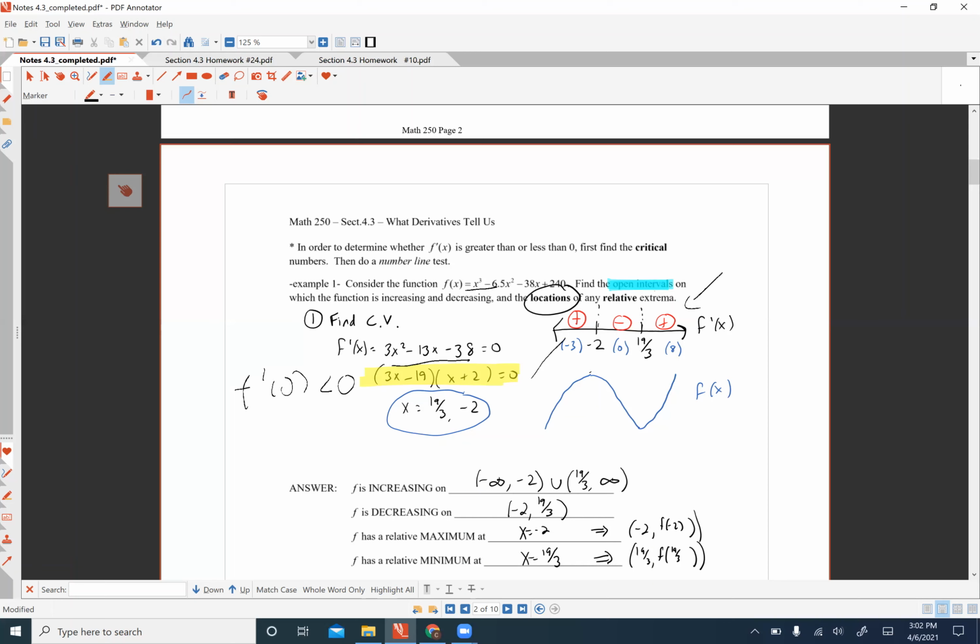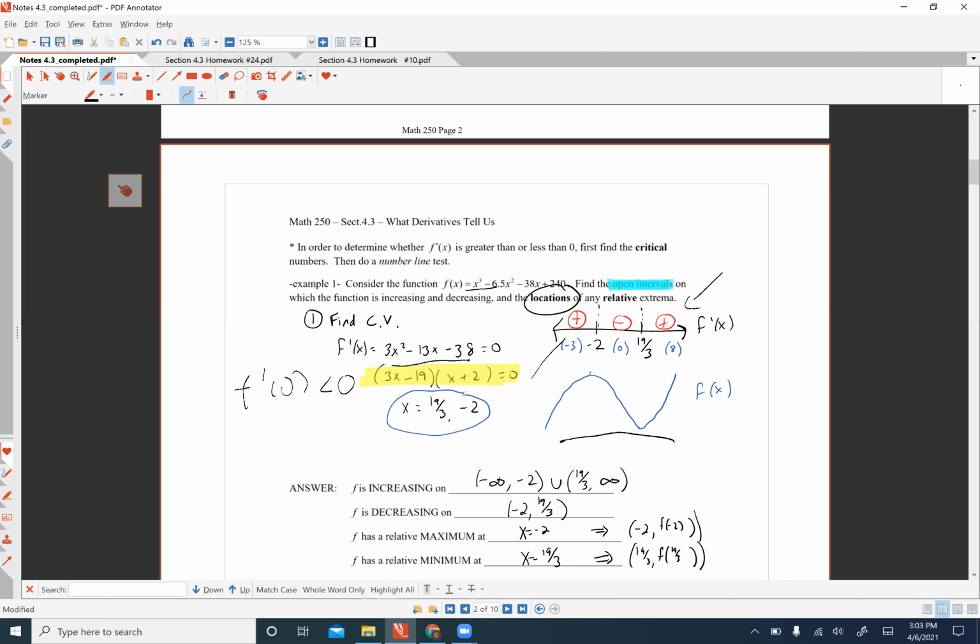So the critical point -2 is a maximum. The graph goes up to the left of -2 and goes down to the right of -2. It's just the opposite with 19/3. To the left of 19/3, the derivative is negative, meaning the graph is going down, and here's the plot right here.